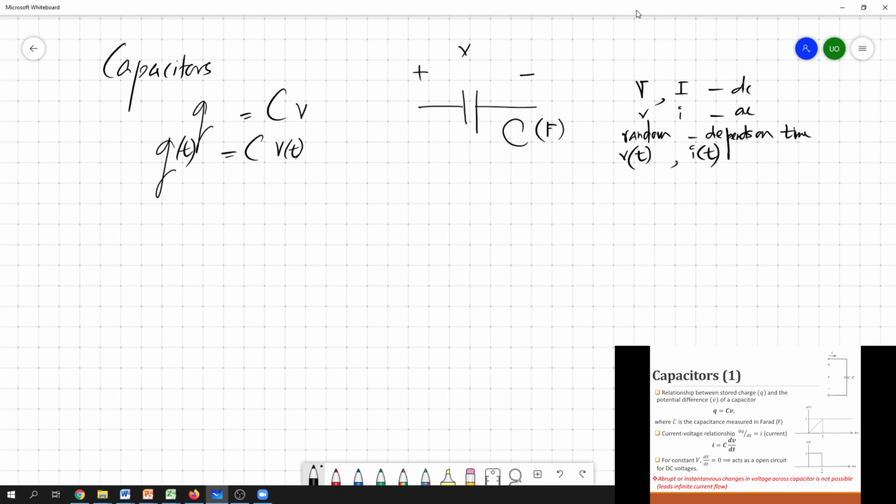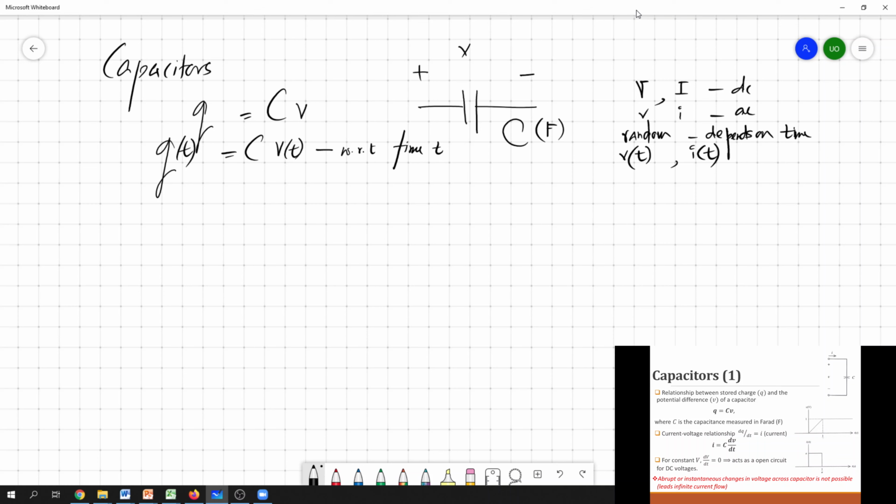So whatever voltage appears across these two terminals at a given time t.